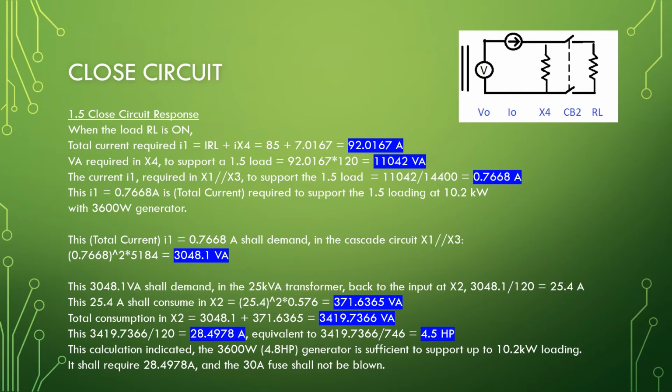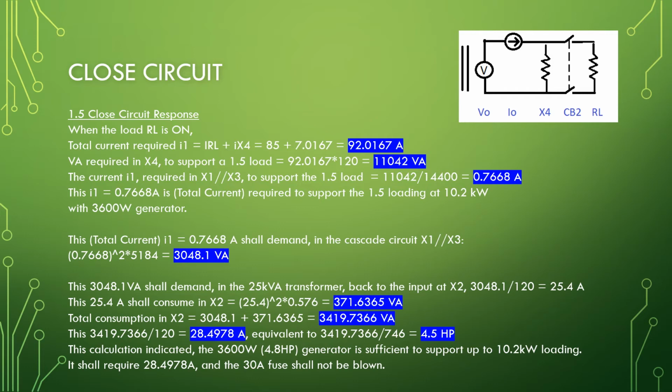VA required in X4 to support a 1.5 load equal to 92.0167 times 120 equal to 11,042 VA.